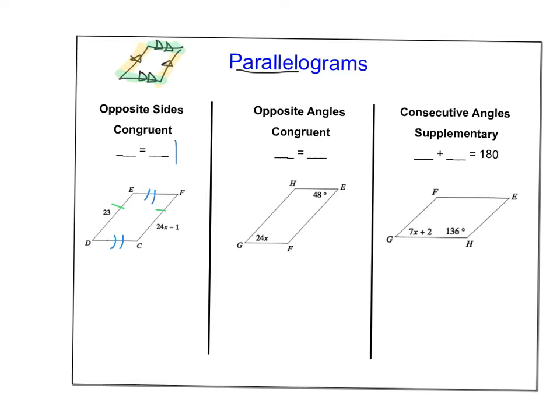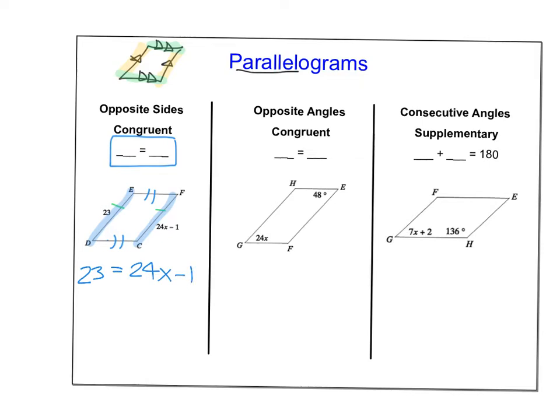Now remember, when we're talking about congruent, that means they're equal to each other. So we're going to set each of the sides equal to each other. So let's focus in on the two sides we have values for, so ED and FC. All right, so we have one side is 23, and that's equal to the other side, which is 24x minus 1.